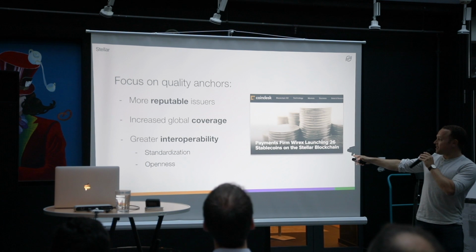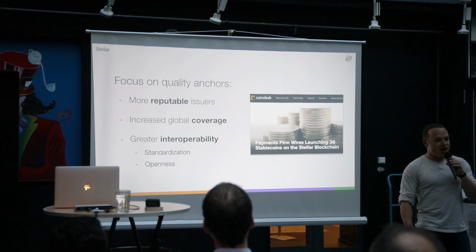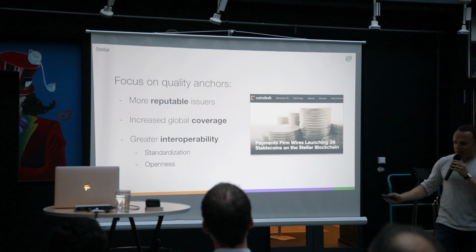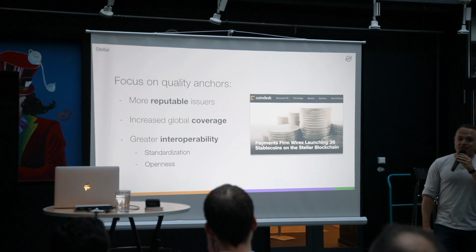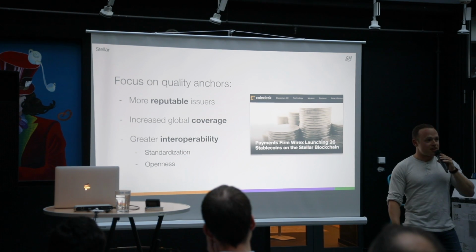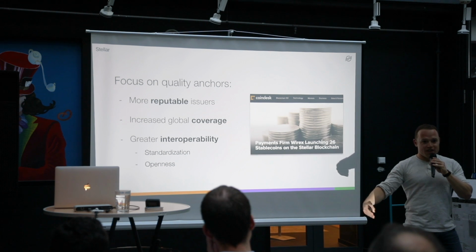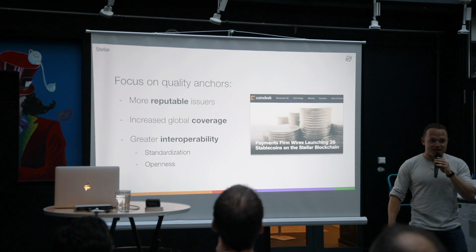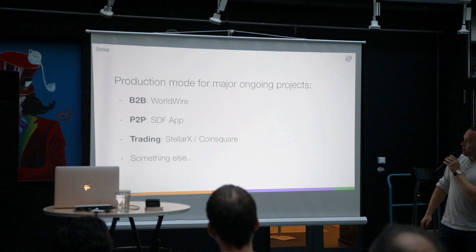This is a recent announcement that we did just a few weeks ago with a British company called WireX. They've existed for a long time. They are partnering with us to launch 26 stablecoins representing 26 different world currencies that will push us towards this goal. And CoinSquare, by the way, is doing quite the same. So very, very excited about that.